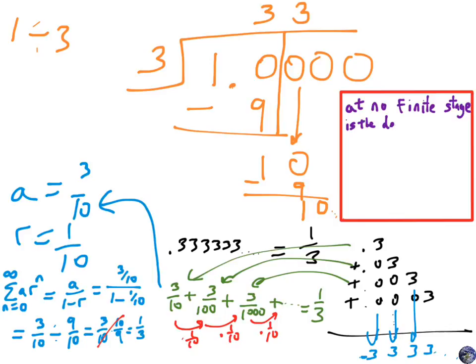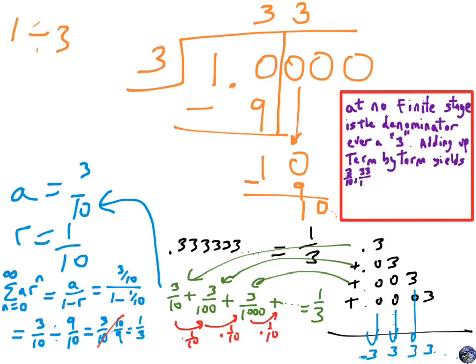But here's the part I want to focus on: at no finite stage of this sum, 3/10 plus 3/100 plus 3/1000, is the denominator ever a 3. When we add it up term by term, first we have 3/10, then 33/100, then 333/1000, et cetera.